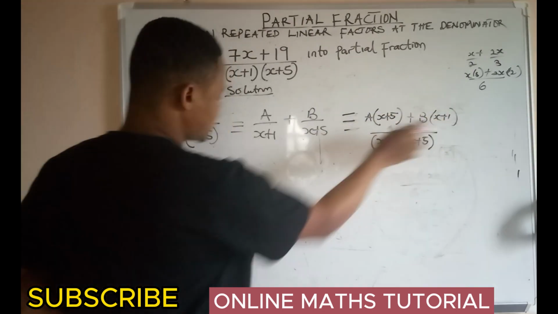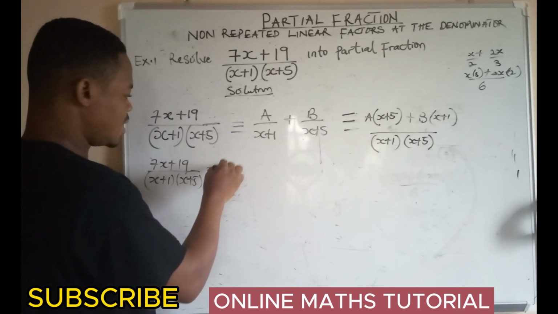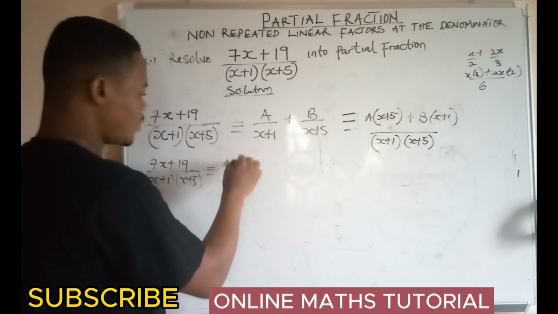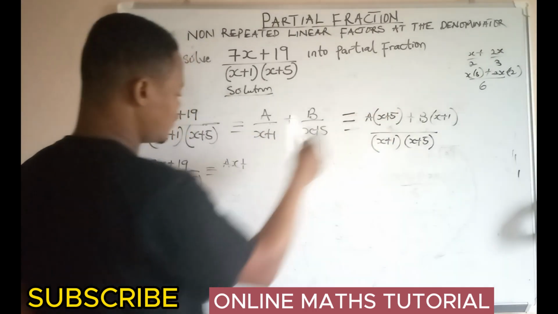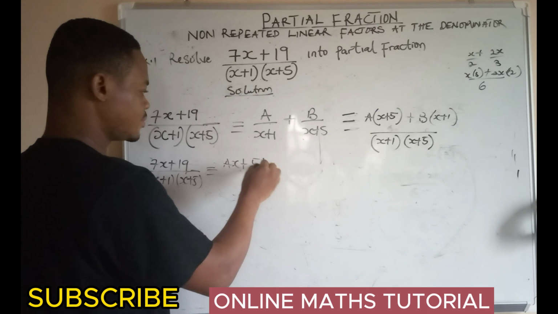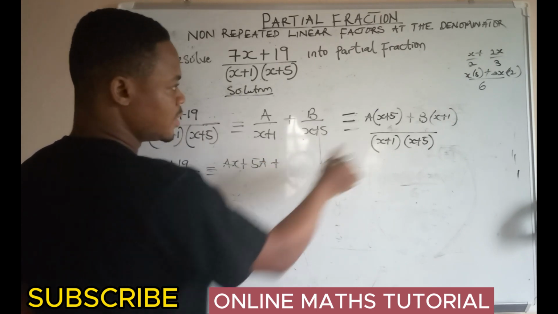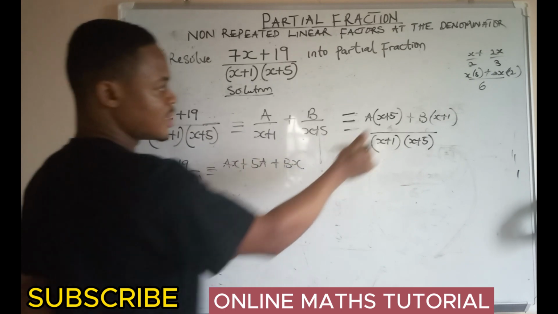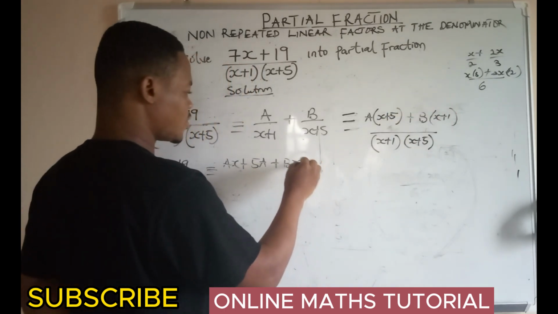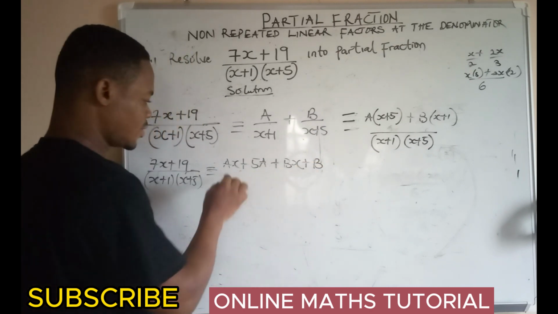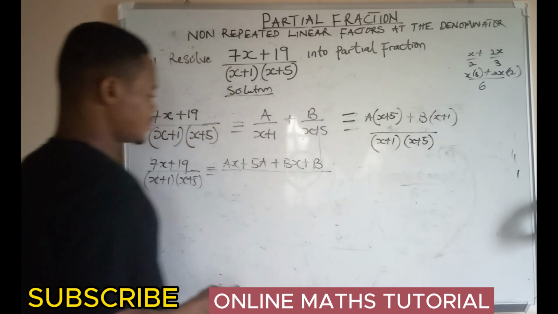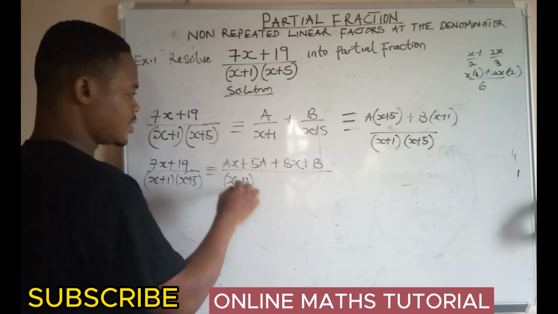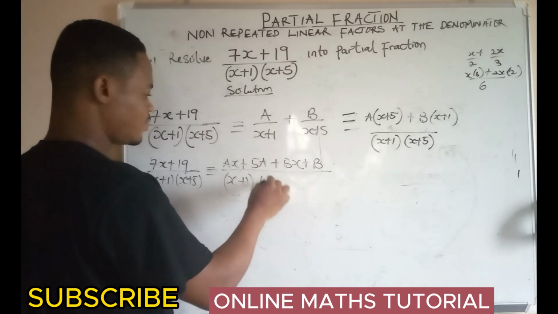If we open this bracket here, we'll have a times x will give us ax, plus a times 5 gives us 5a, plus b times x will give us bx, and b times 1 will give us plus b, divided by x plus 1 into x plus 5.